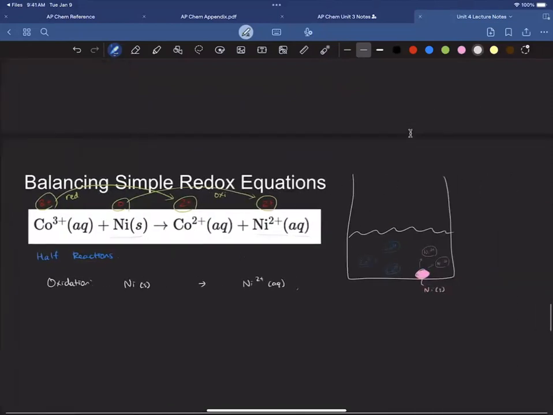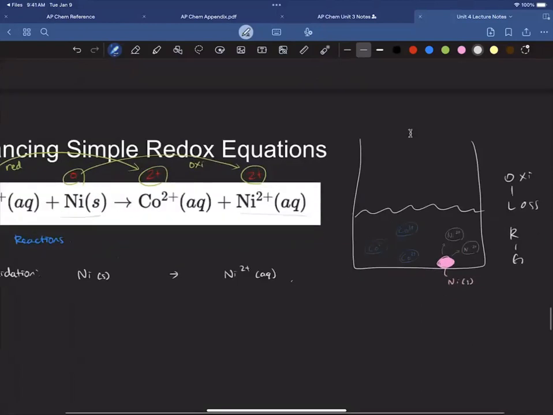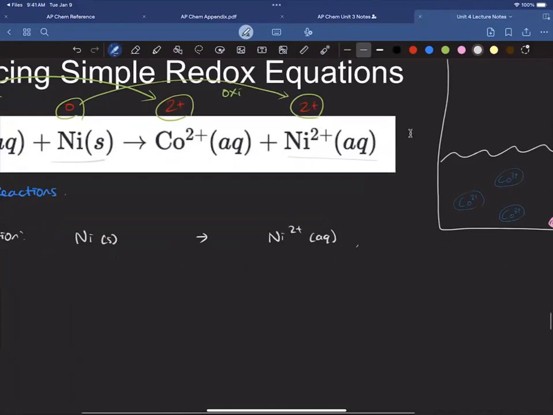And remember, oxidation is loss of electrons, from OIL RIG. Because it lost electrons, it became more positive. That makes sense.